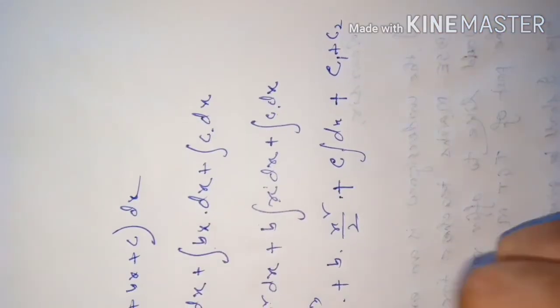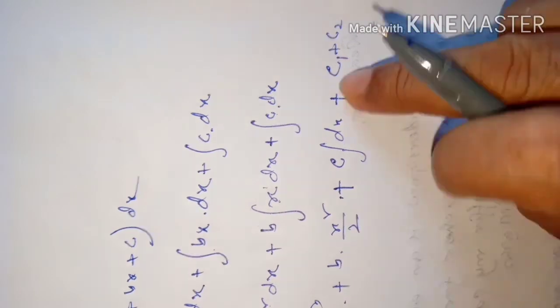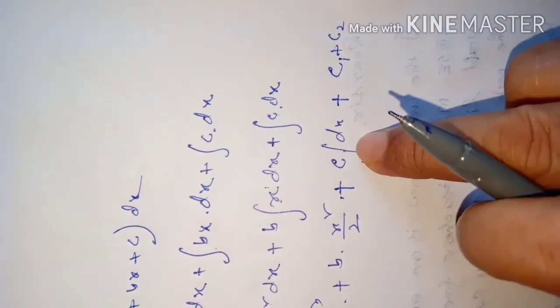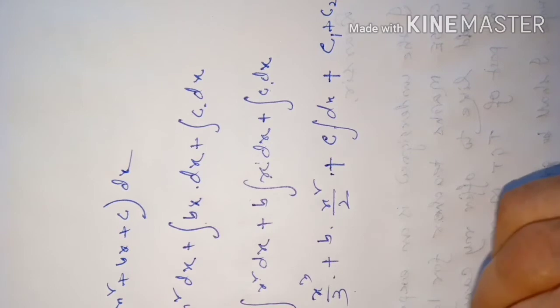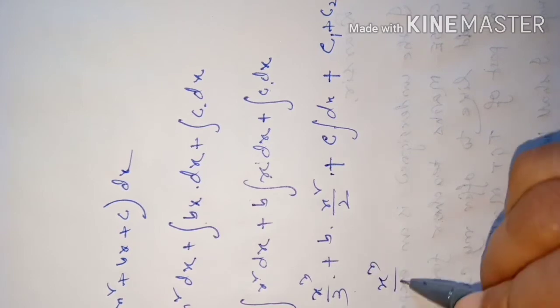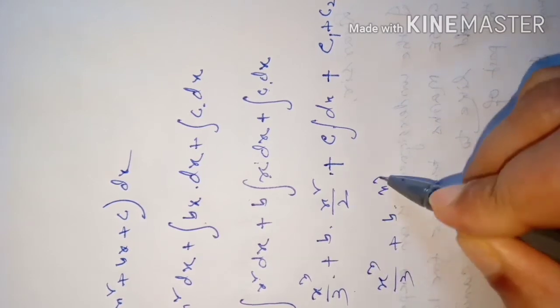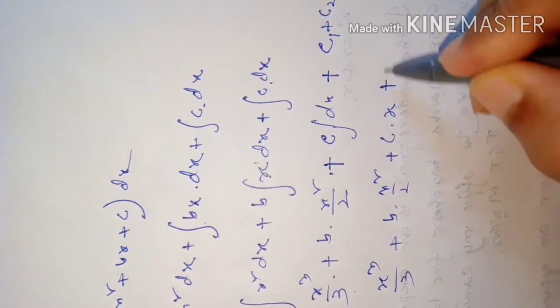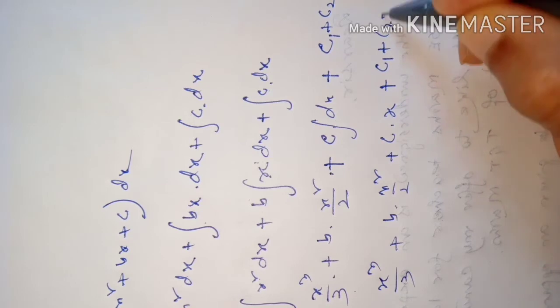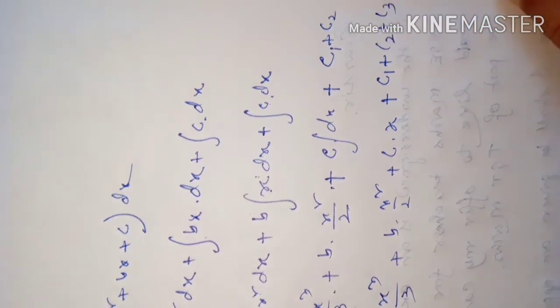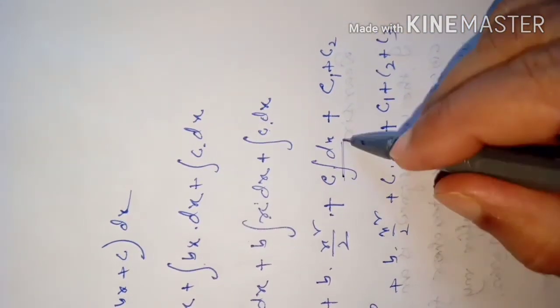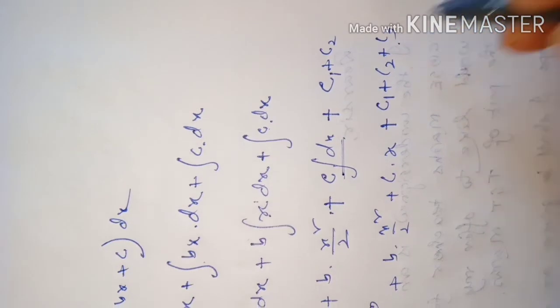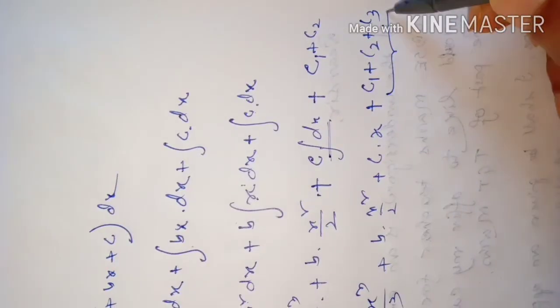Two constants you write, because you have integrated this one and this one. Later from here also one constant will go. So it will be like this: a into x cube by 3, b into x square by 2, plus c into x plus c1 plus c2 plus c3. Three constants. Why? Because from here also one constant we will get, that is c3. So altogether we will have three constants.